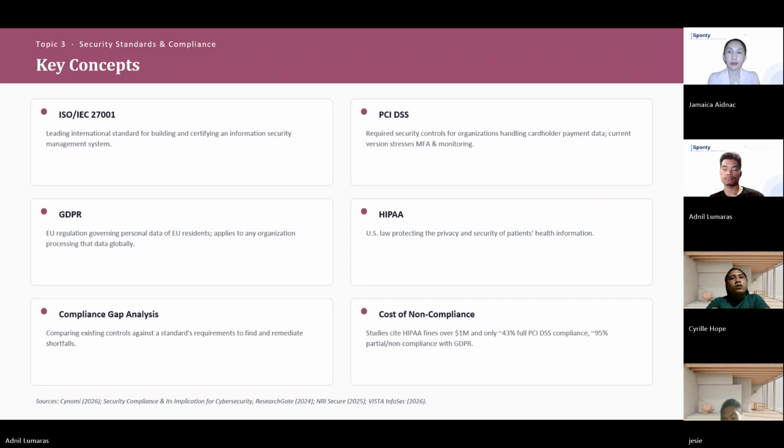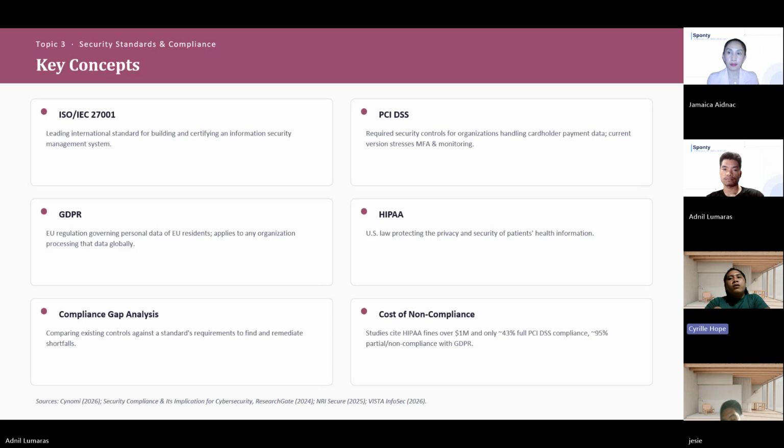SOC2 and CIS Benchmark: widely used attestations and best practice checklist. The 2024 peer-reviewed studies noted compliance also fosters organizational accountability and a security-first culture across all levels.